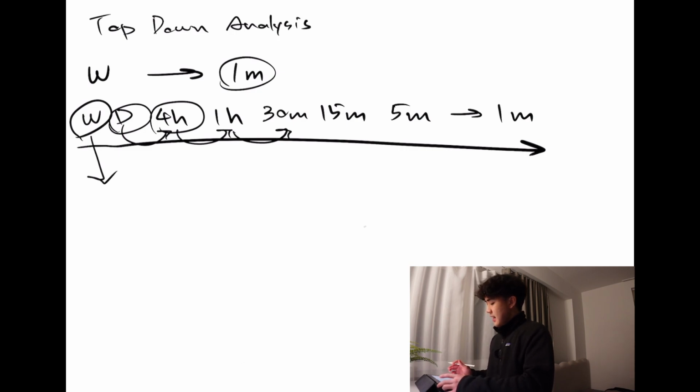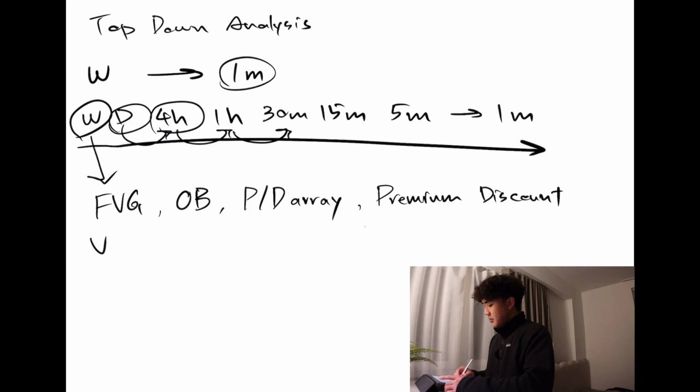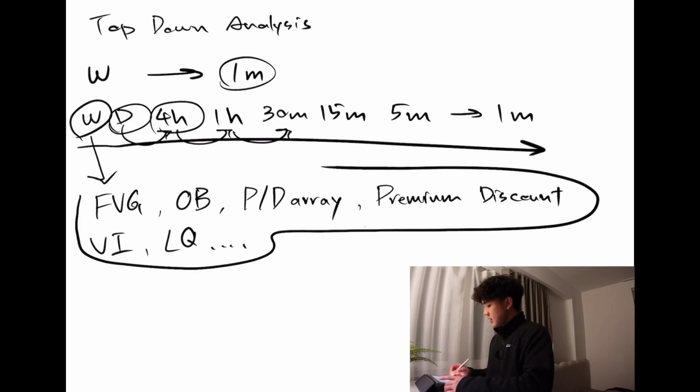No, it's not. We combine all of the things that ICT told us: fair value gap, order block, PD array, premium discount, volume balance, liquidity, and etc. All of these elements will help us to form a bias starting from weekly, and then we have the bigger picture.